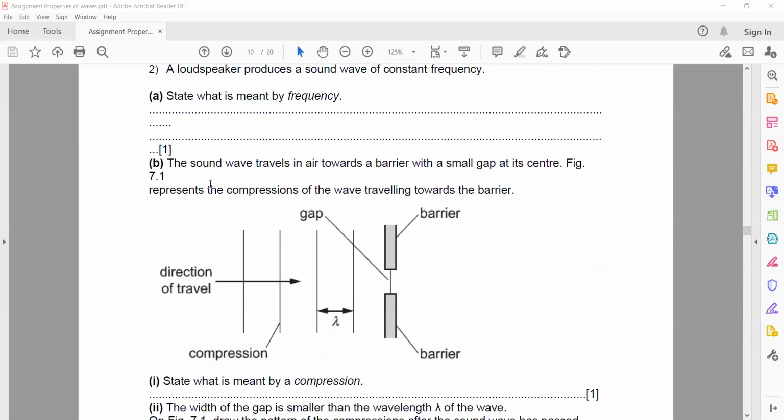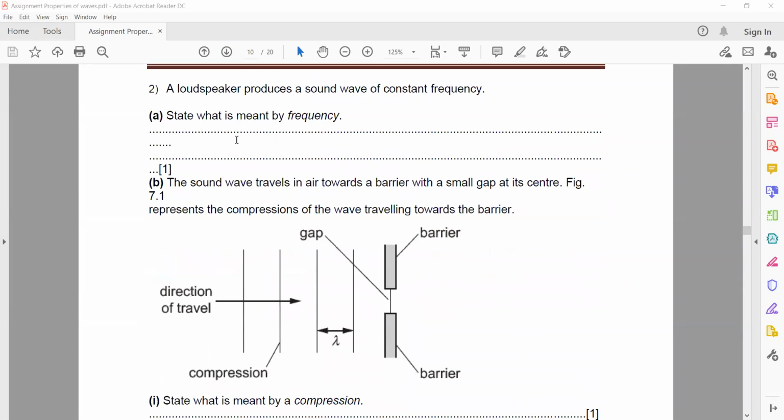So in this question, a loudspeaker produces sound waves of a constant frequency. What is meant by frequency?